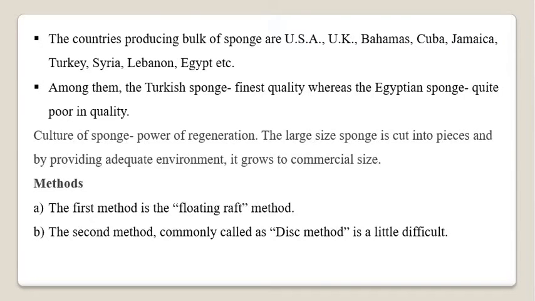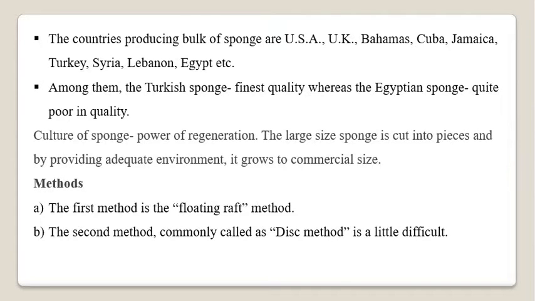Their sponge quality is very good compared to the Egyptian sponge, which is very poor in quality, because of the habitat, the quality of the environment, and the nutrients available in their sea. Depending on that, the sponge is of finest or poorest quality.